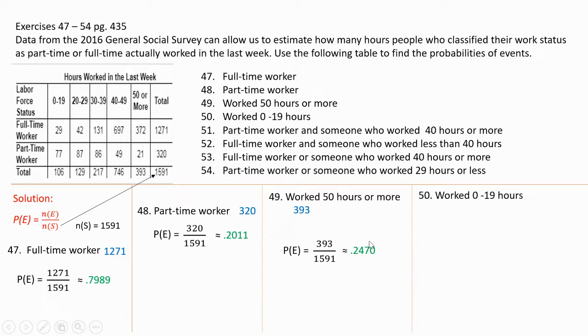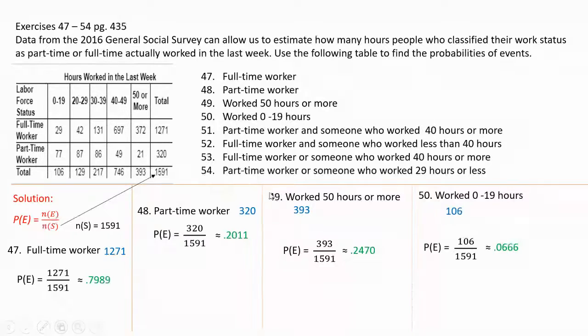Number 50. Work between 0 to 19 hours. 0 to 19 hours is right here on the left, the first column, which will be 106. So the probability of the event is going to be 106 over 1591, which approximately is going to be 0.0666.